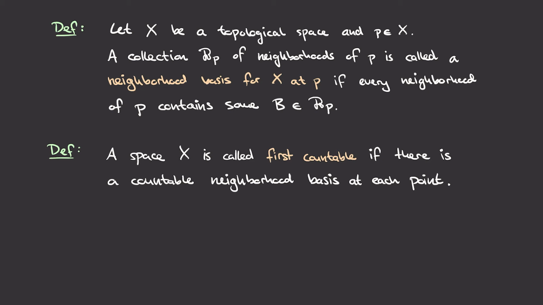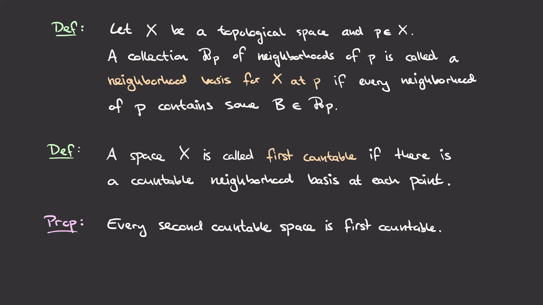Notice that this is a weaker property than being second countable, because a first countable space could fail to have a countable basis. However, the converse does hold, and in fact, every second countable space is in particular first countable. To see why this is the case, let's take some p in X, which is a second countable space.